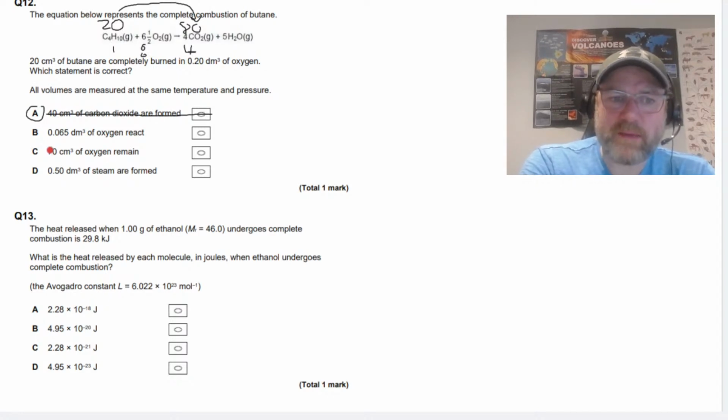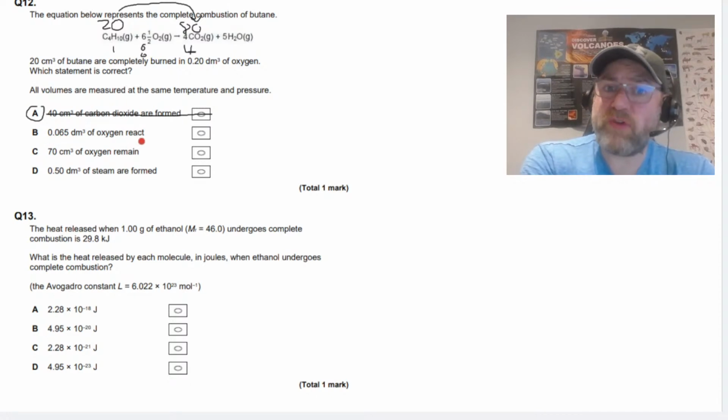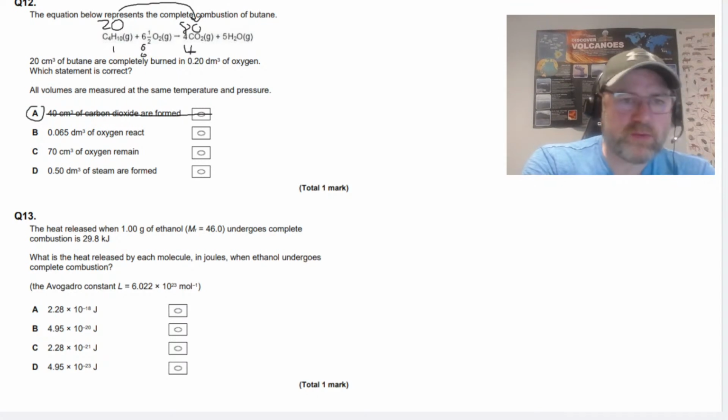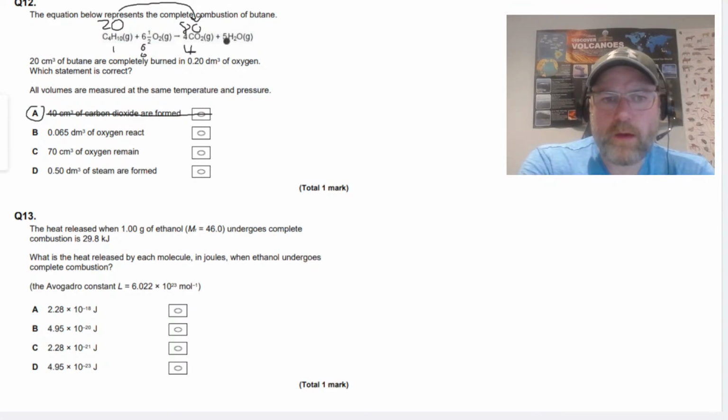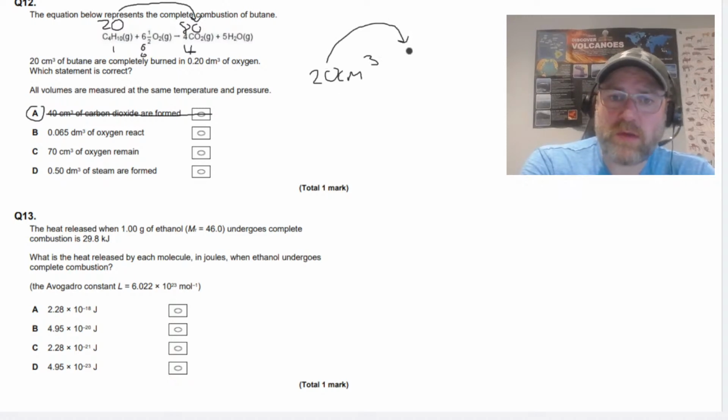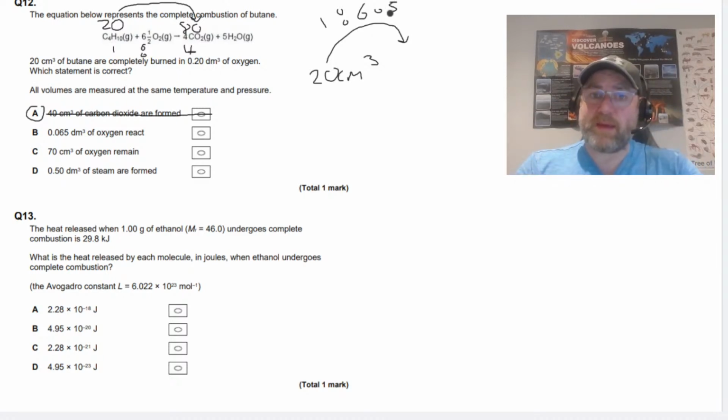Let's check the second statement. B says 0.065 dm³ of oxygen react. We've got 20 cm³ of butane. What's the ratio to the oxygen? If we check the numbers in this equation, it's 1 to 6.5. So if 20 cm³ of butane react, what's 20 times 6.5? It's 130.